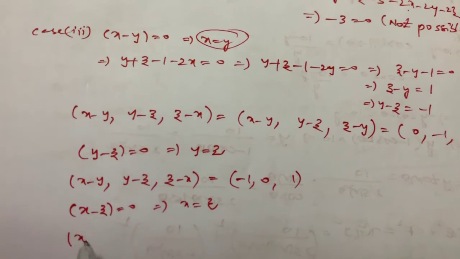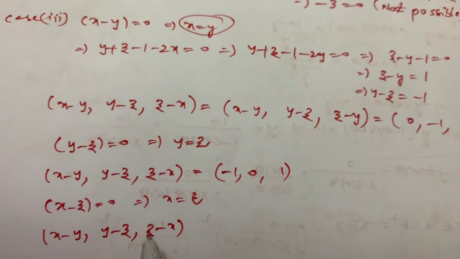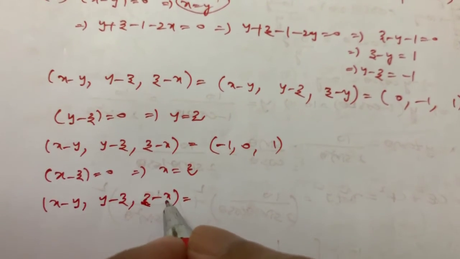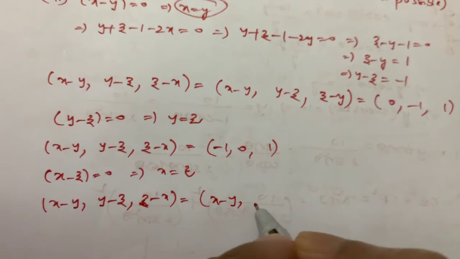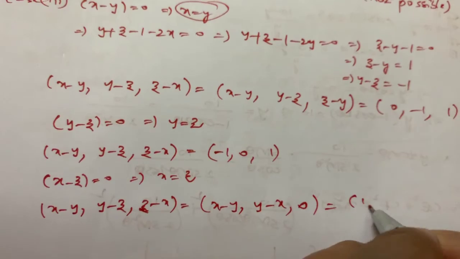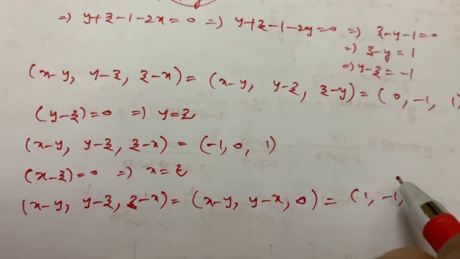Then it is x − y, y − x, 0, so this is 1, minus 1, 0 as the solution. So we have three solutions here.